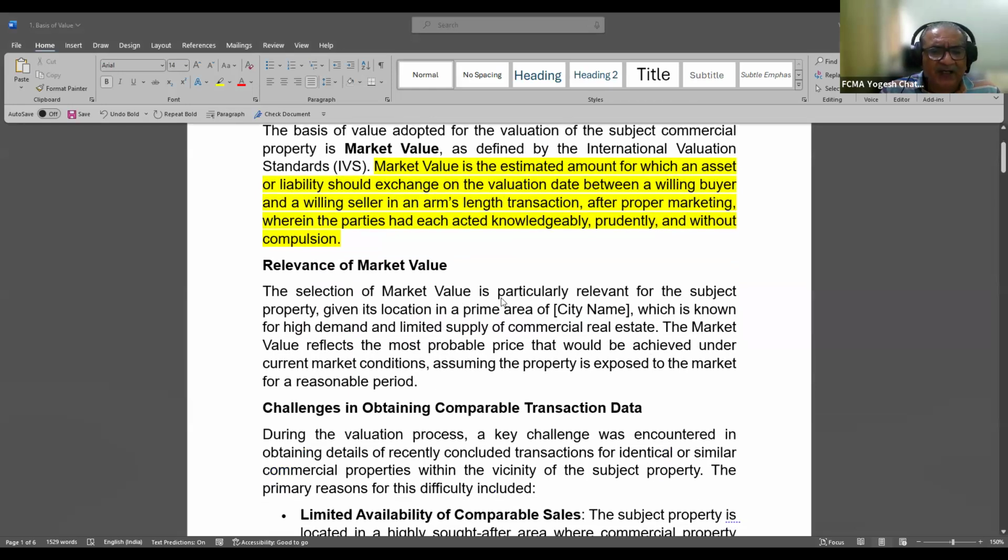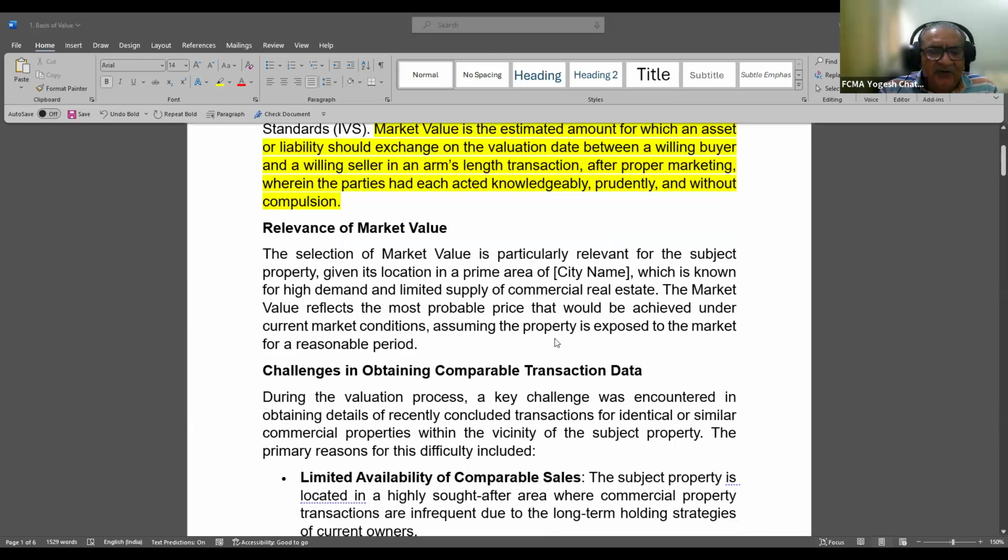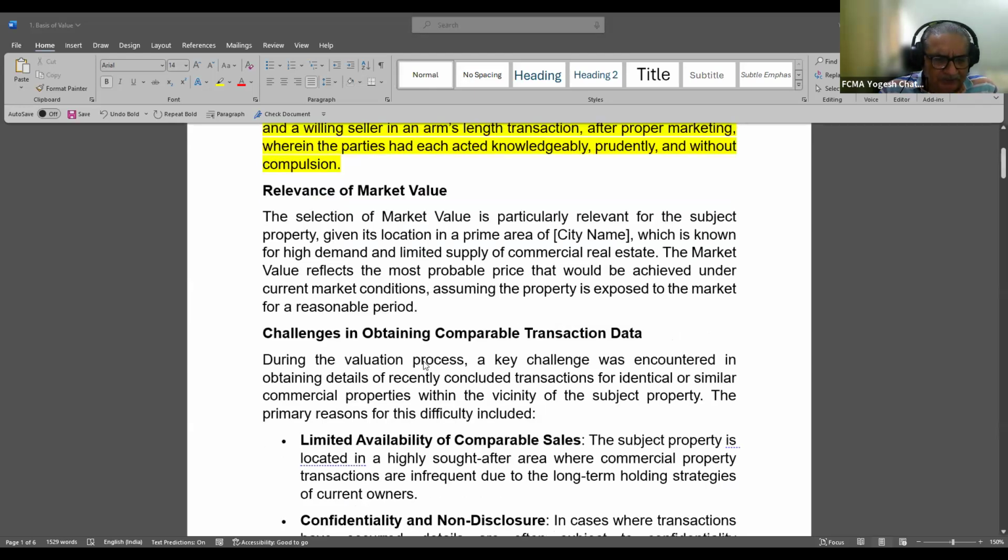Selection of market value is particularly relevant for the subject property, given its location in a prime area of so-and-so city, which is known for high demand and limited supply of commercial real estate. And market value will reflect the most probable price that would be achieved under the current market condition, assuming the property is exposed to the market for a reasonable period. So that is the assumption you are making.